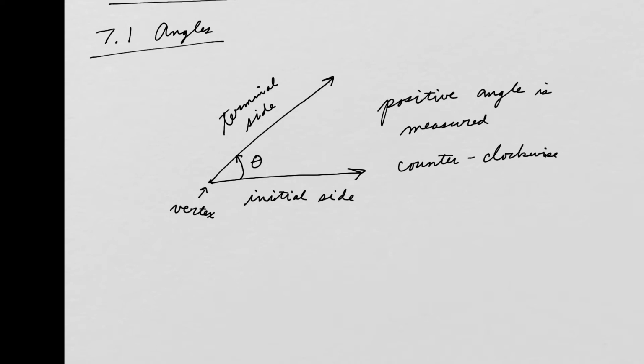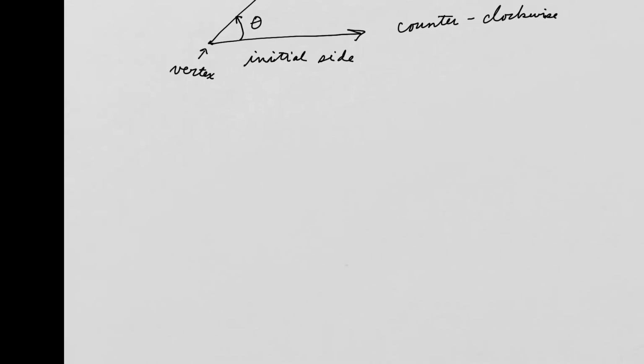Okay, now some common angles. I'll just do some of the angles where the terminal side lies right on one of the axes. I'll start with an example. Let's say the initial side and the terminal side are both right on the x-axis. Obviously in this case, this would represent 0 degrees, right? There's no angle between them.